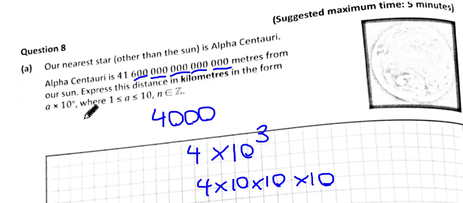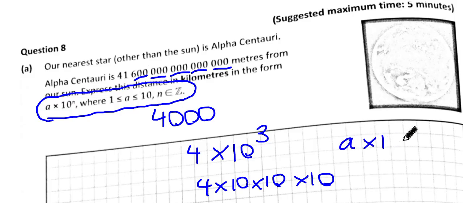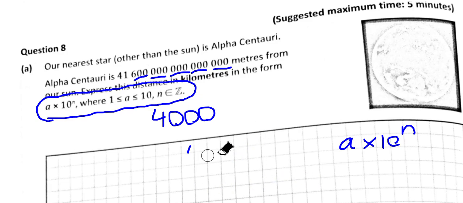Agreed? Anytime you see this language down the bottom, it wants the a value to be between 1 and 10, and the n value can be anything. So it's up to us to find out what the a value is and the n value. How many zeros did I say we had again? 14 zeros.